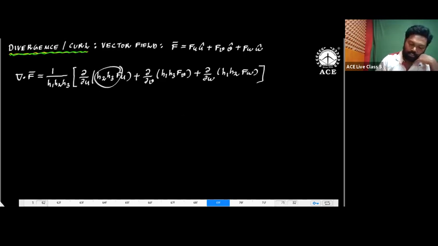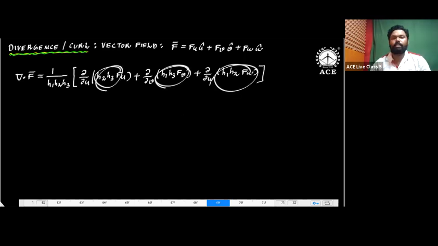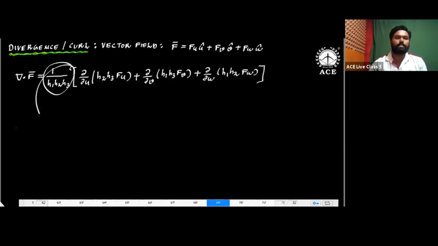Clear? H1 is missing, H2 is missing, H3 is missing in the respective terms. You can remember that one. And there is some extra factor, 1 by H1 H2 H3. Clear?